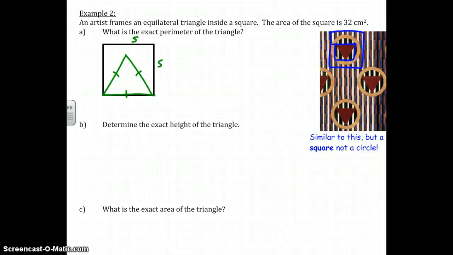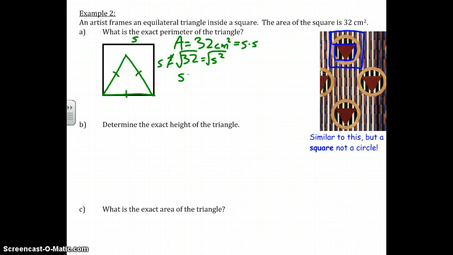we know the area of the square. The area is 32 centimeters squared, and the area of a square is side times side. So we have 32 equals s squared, and we solve that by square rooting both sides. Plus or minus isn't necessary because we want a positive side length.